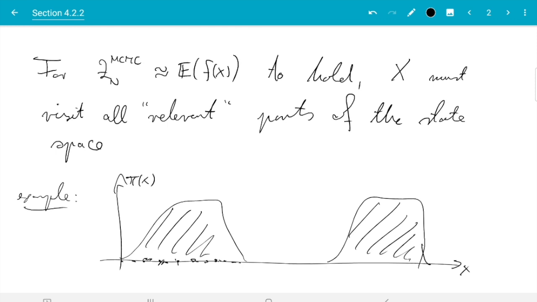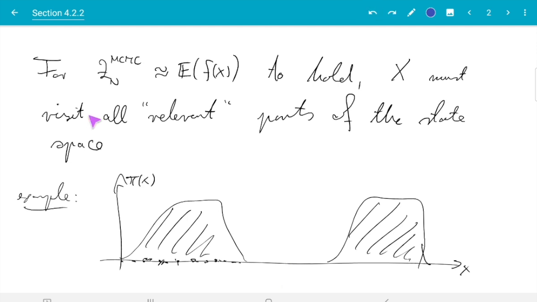Then the estimate computed from that would not correspond to the full expectation of f of x, but only to this part. For example, if f is the identity and we just try to estimate the expectation of x, that would come out somewhere here, where really the expectation of x should be somewhere in the middle, because both modes have mass. So that kind of error can occur.